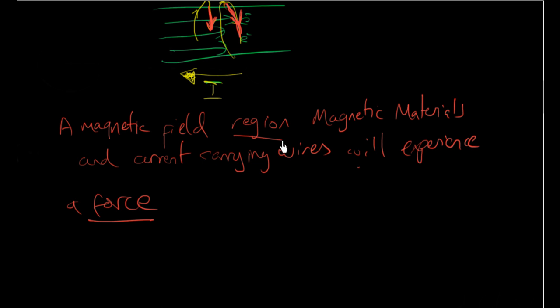So a magnetic field is a region of space where magnetic materials and current carrying wires will experience a force.